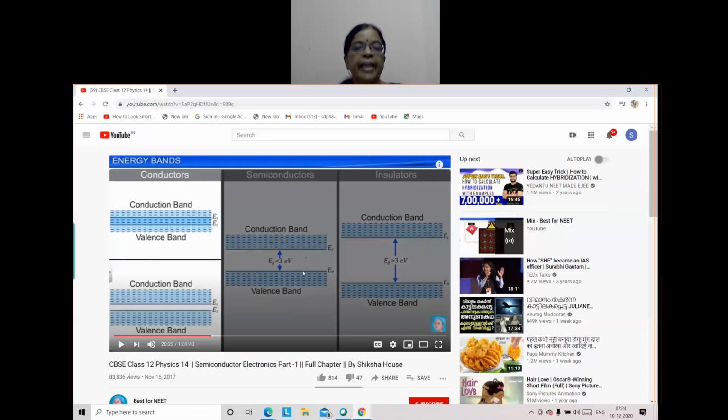That is the energy gap. Understand? So when electrons in the valence band get energy of 1 eV, they can jump to the conduction band and make the material conduct. So for a semiconductor, the band gap is less than 3 eV.